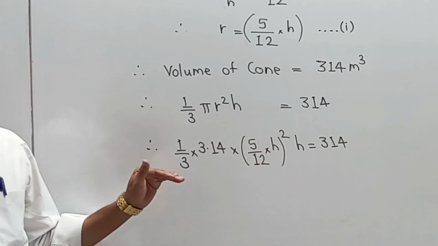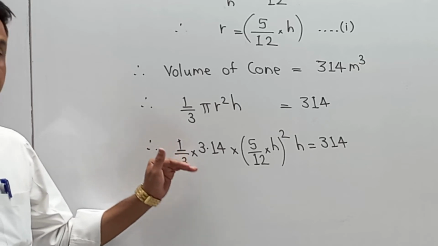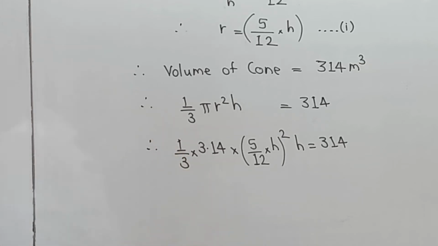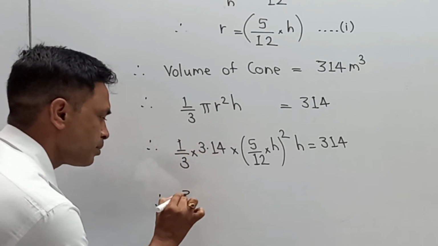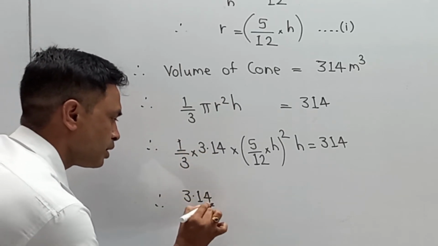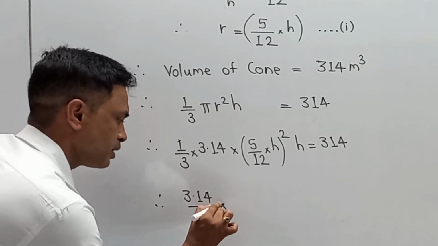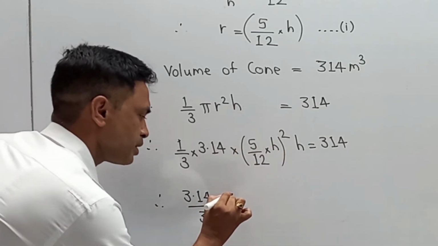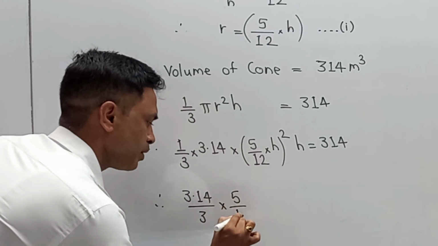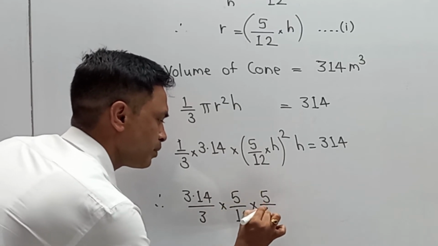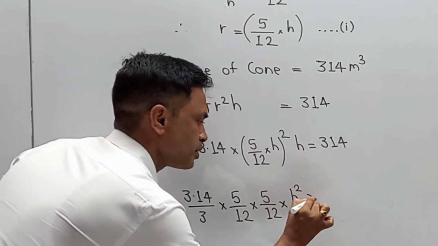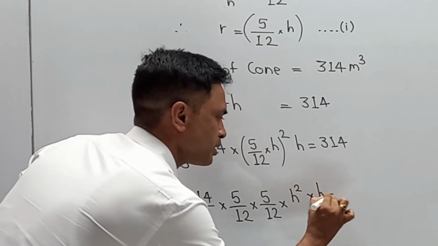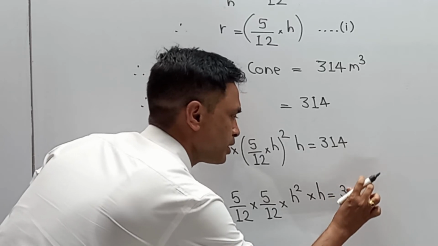From this step onward the calculation is important: 3.14 divided by 3 into (5/12) bracket square. So 5/12 into 5/12, and automatically h square into the remaining one h, is 314.